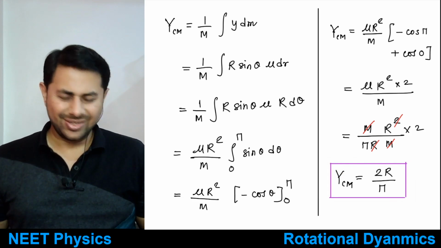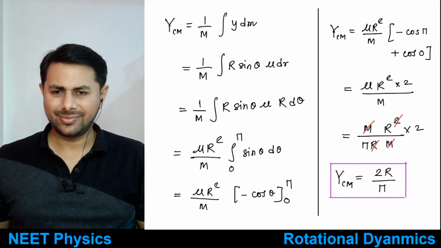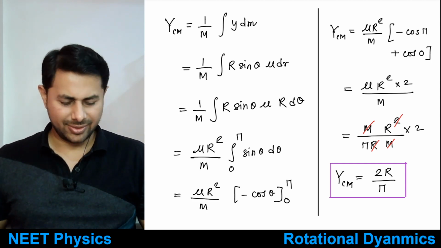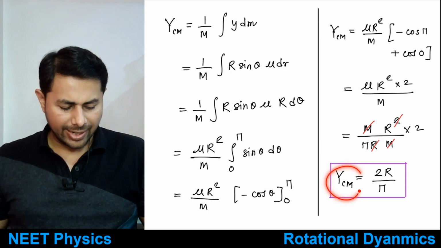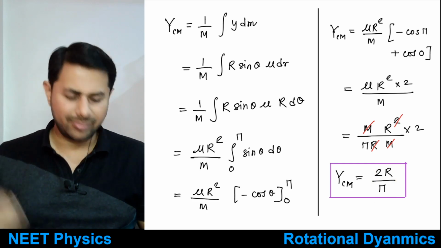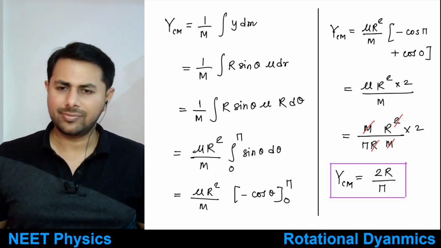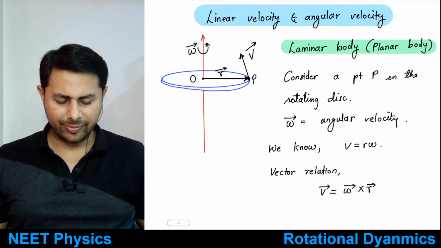Is this clear? Good. So the y coordinate of the center of mass of a semicircular ring is 2r by pi. There might be a question, maybe very few chances, but let's remember this.